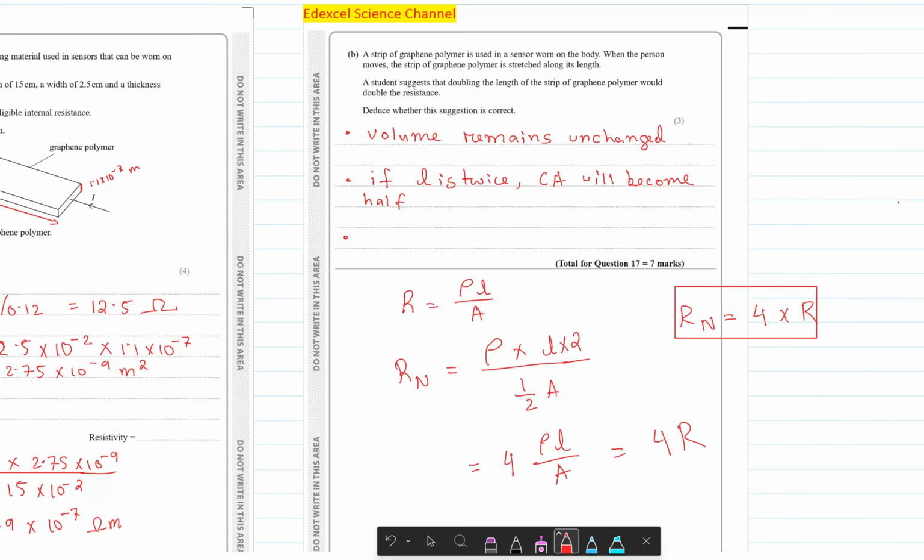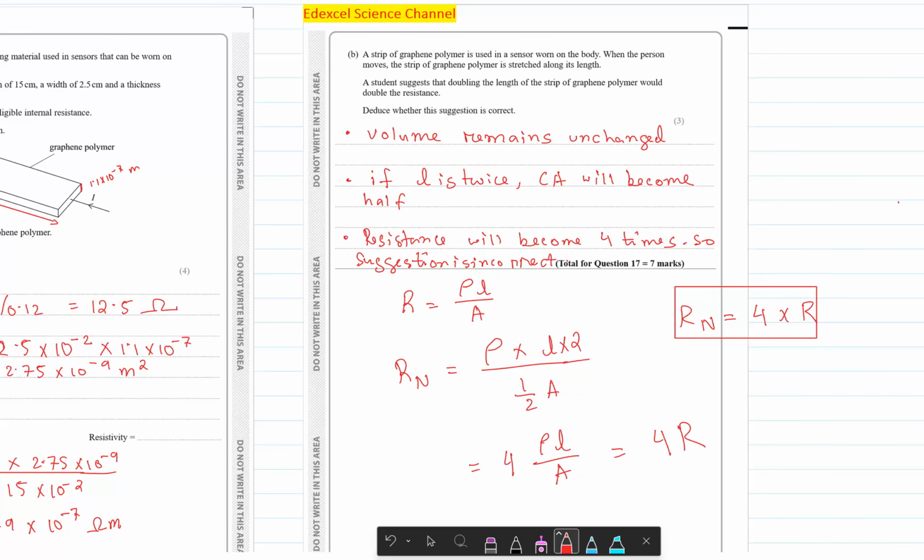So that is what I'm going to write over here, that resistance will become 4 times. So the suggestion is incorrect.